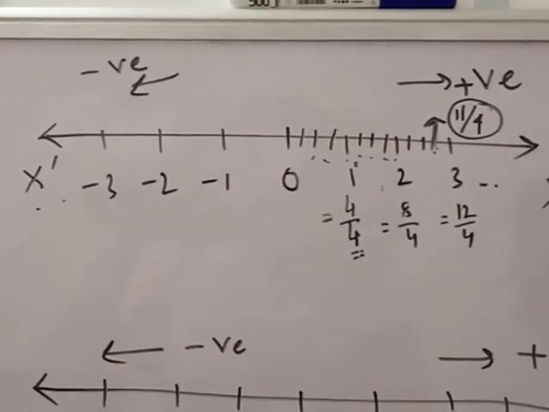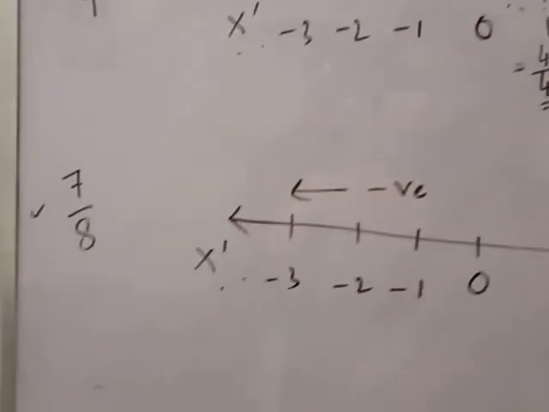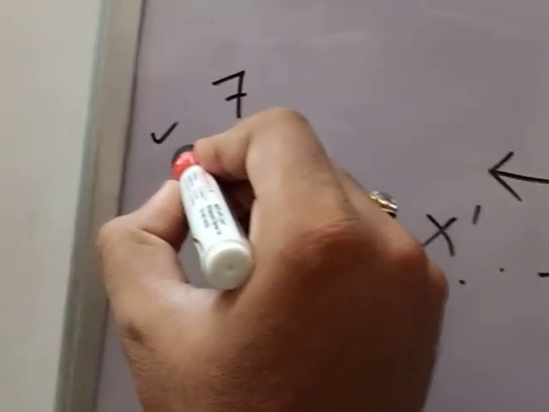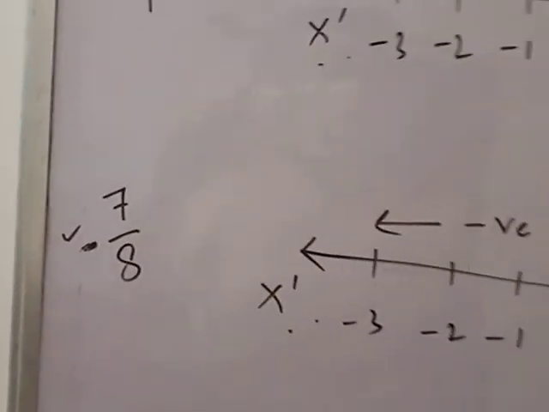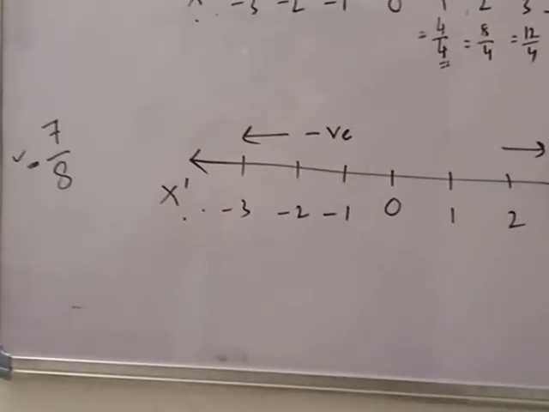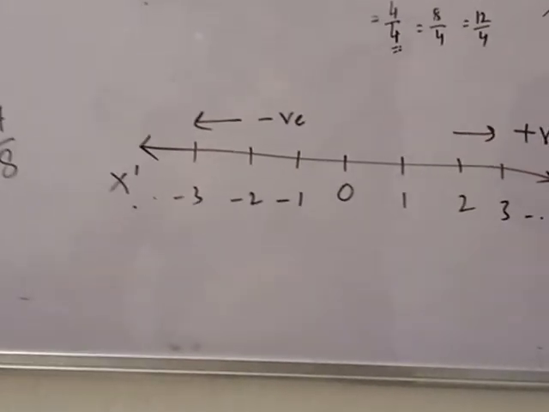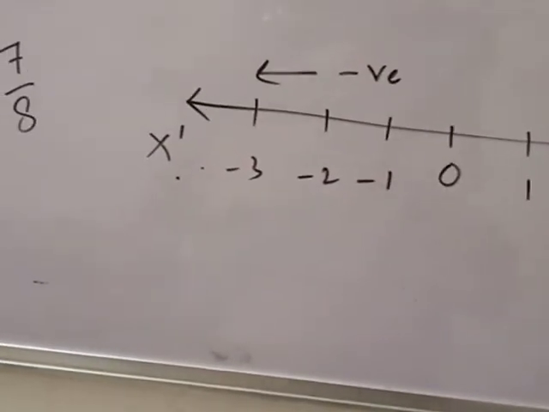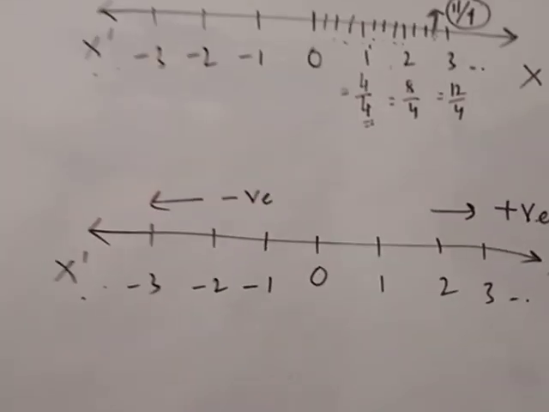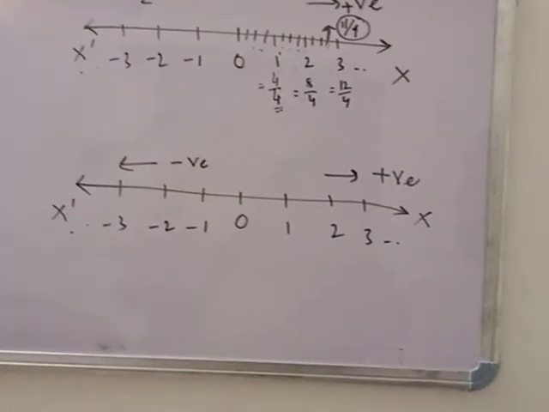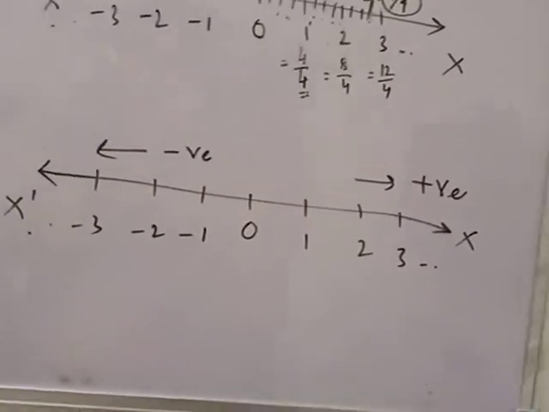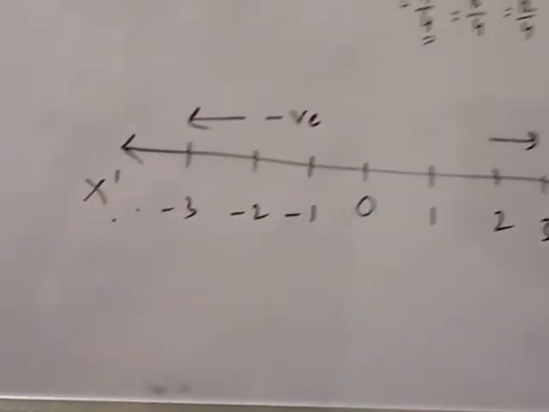Okay. Now the last example is minus 7 by 8. So minus 7 by 8 means the direction will be in the left hand side. Now see that, the denominator is 8.